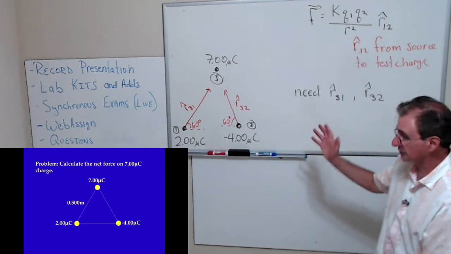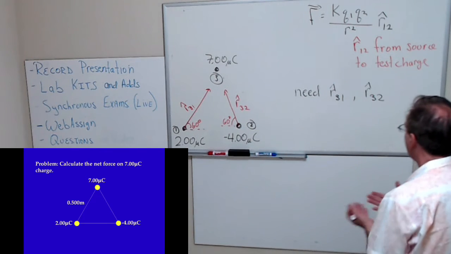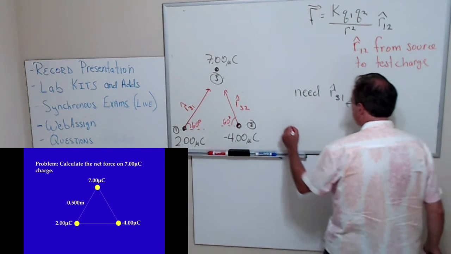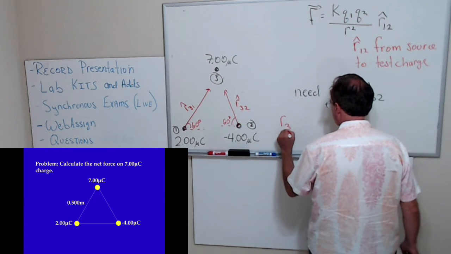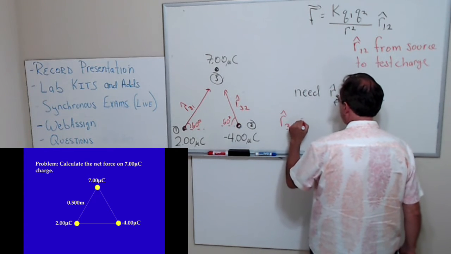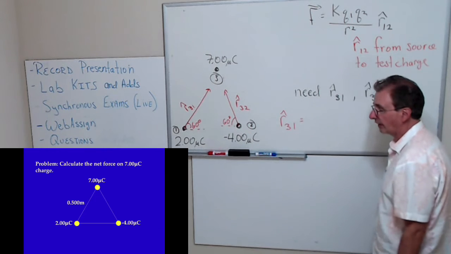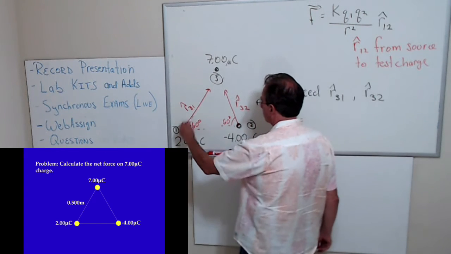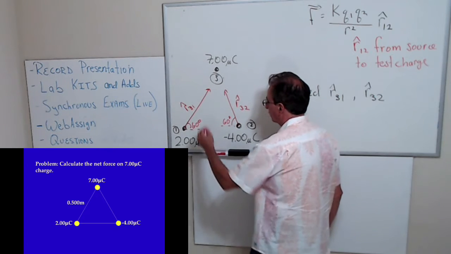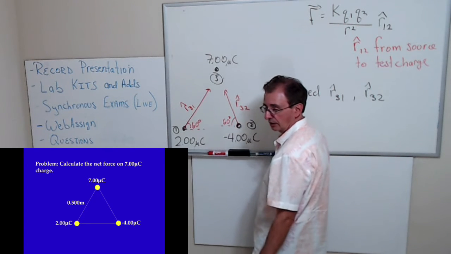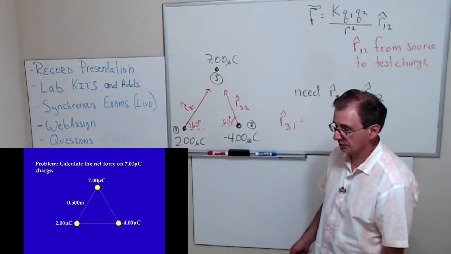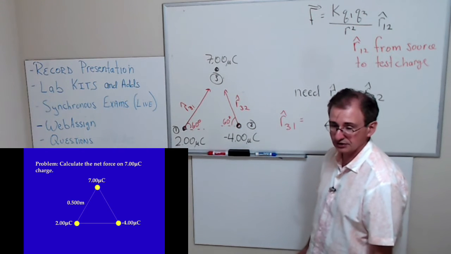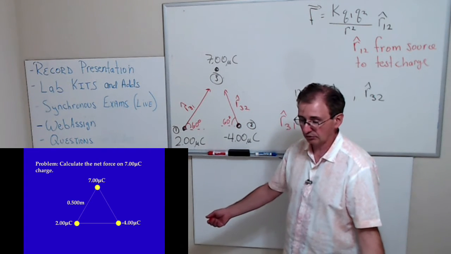So let's go back to the same problem. What I have to do first is find r31. It's a unit vector, a vector pointed in, just imagine this being on a unit circle, and you find the coordinates at 60 degrees on the unit circle. That's really your unit vector.